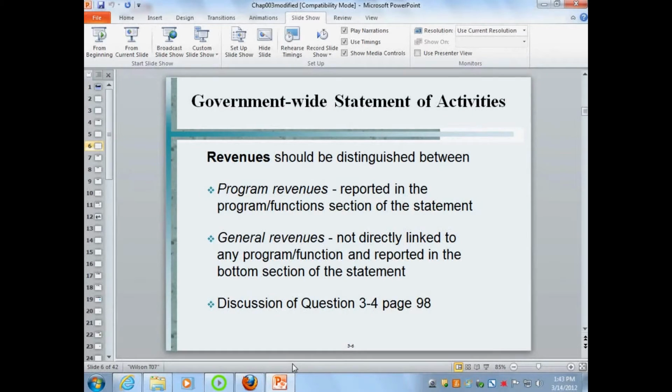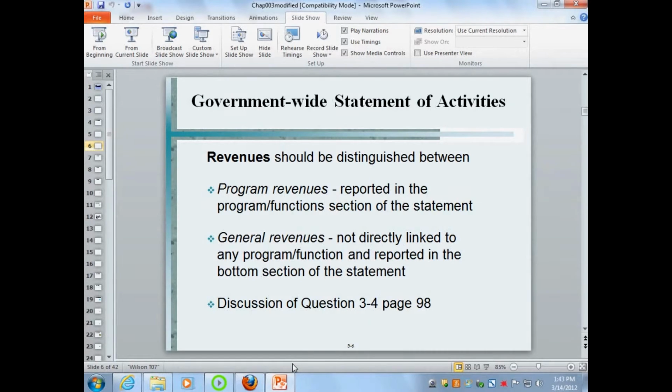Page 98, 3-4. Read the question, and let's try to figure out if you know the distinction. So once again, what's the distinction? Program revenues are specific to the function, right?